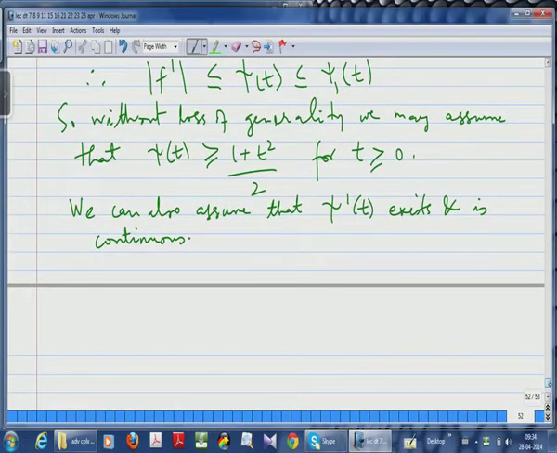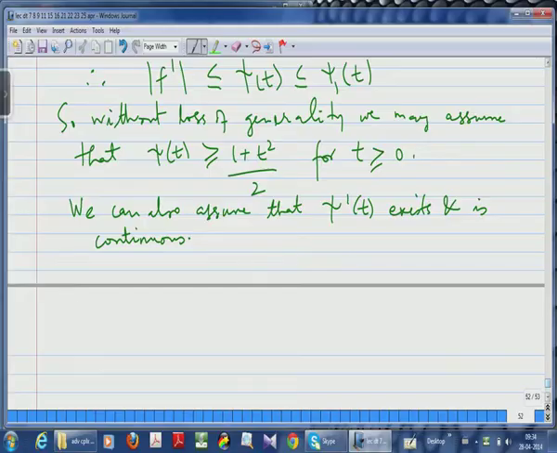You can do that because you can replace psi by any bigger function, and you can replace psi by a bigger function which is smooth. You can always do that. And now what one is going to do is use this psi to give a metric on the Riemann sphere, and look at the induced metric on the domain in the complex plane.